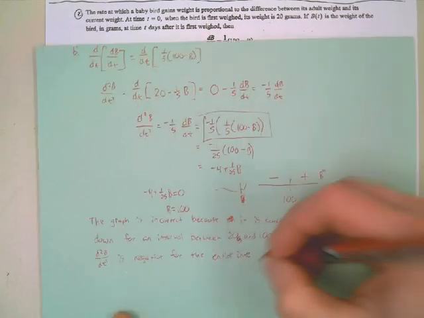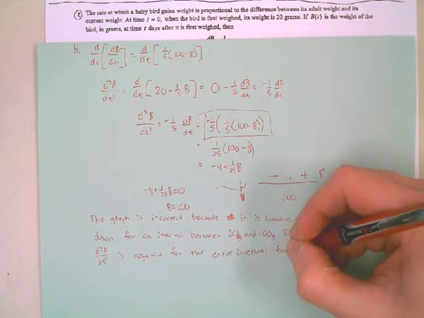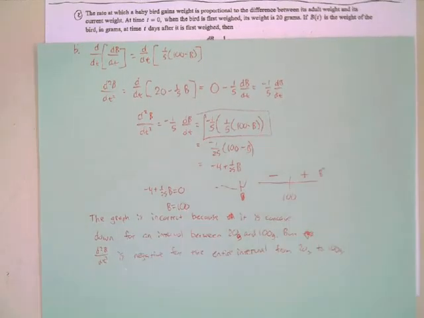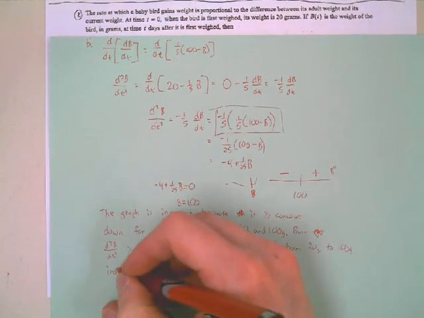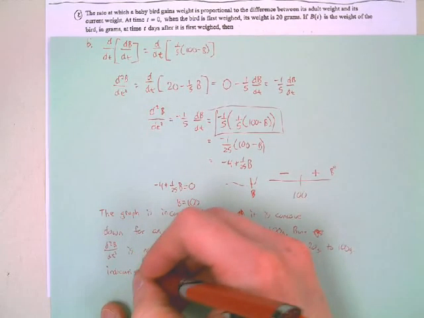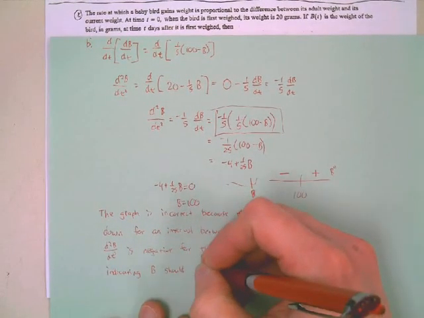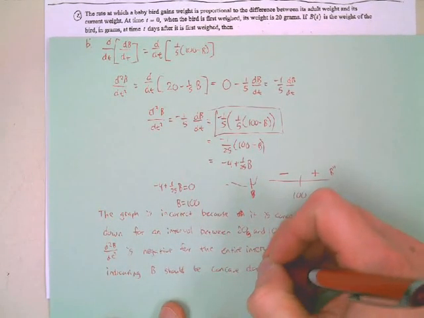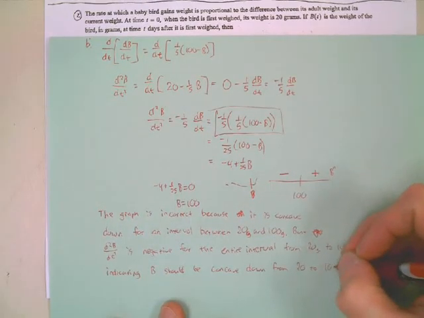It's negative for the entire interval from 20 grams to 100 grams, indicating b should be concave down from 20 to 100, something like that.